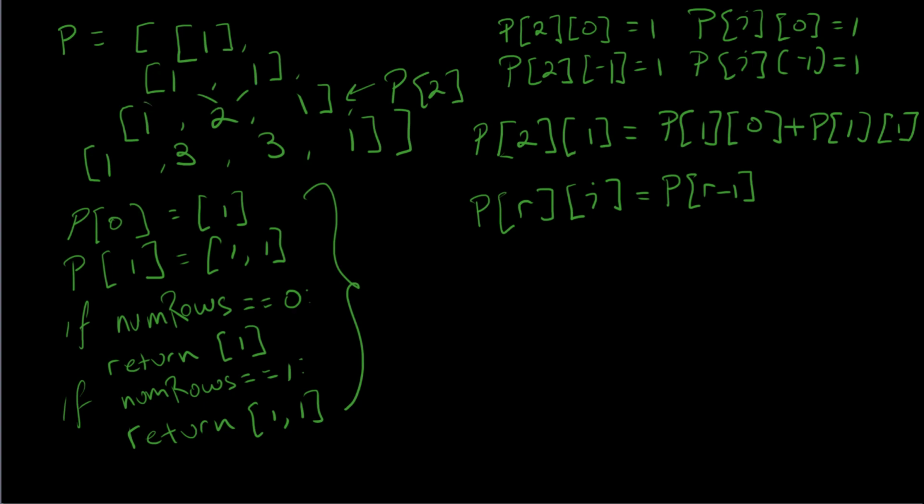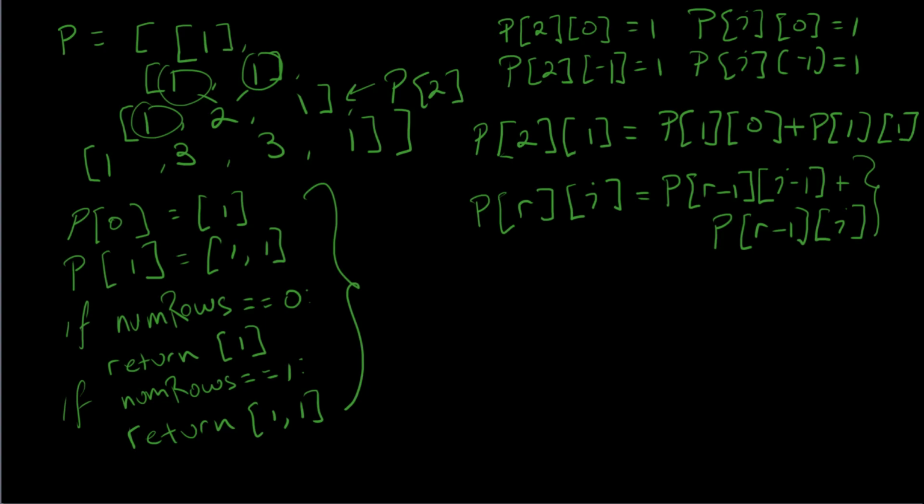And because we're padding it with the 1 on the side, this one is always going to be shifted 1 to the left, and then we're just going to be adding the row above us at the same index. So this is P1 0 and P1 1. More generally, this will always hold.